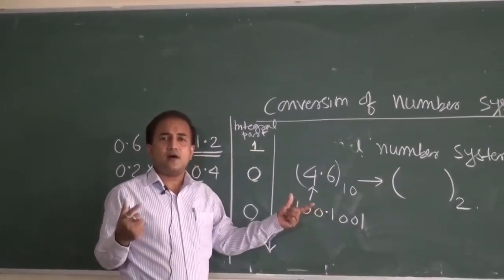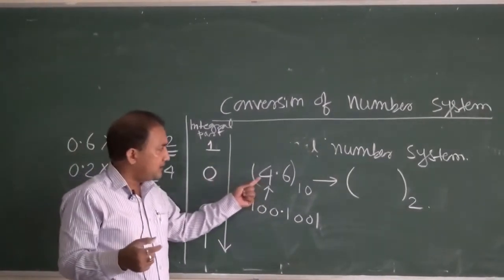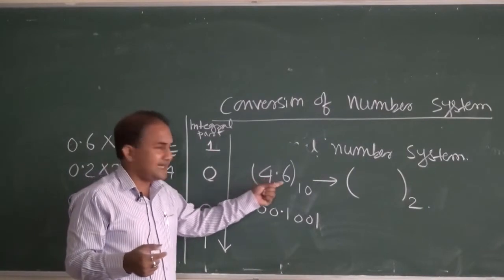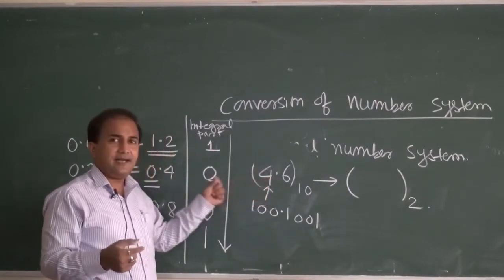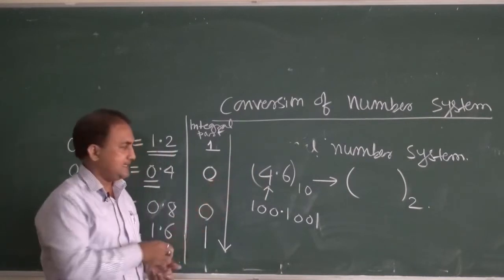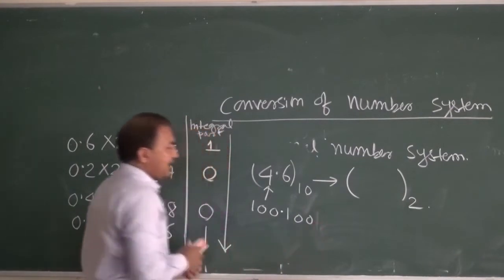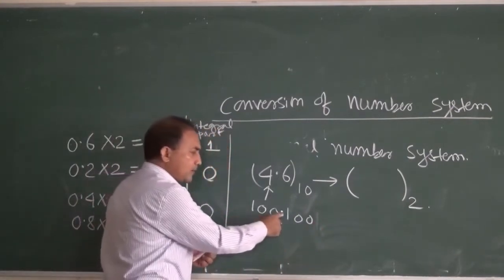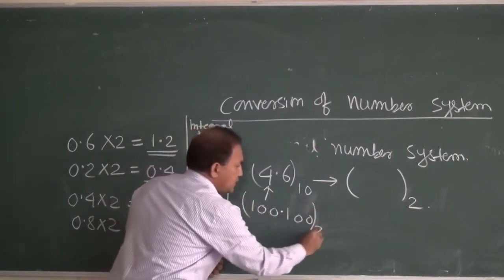So if in an exam it is asked to convert 4.6, which is in decimal form, to binary up to 3 decimal places, then it will be 100.100 to the base 2.